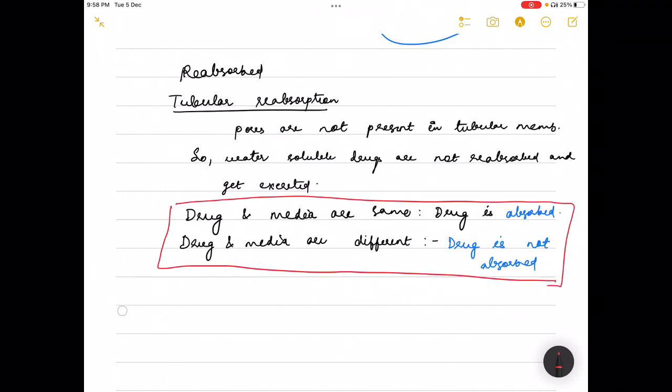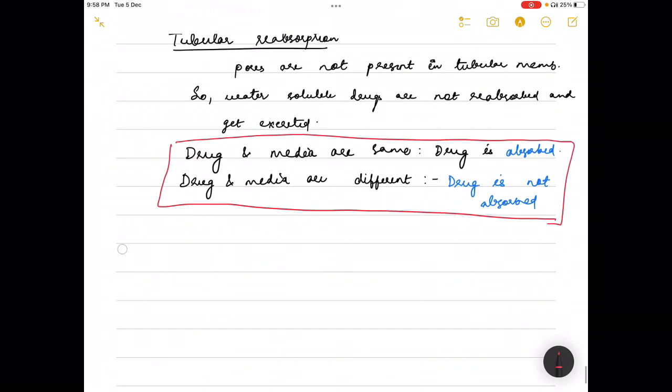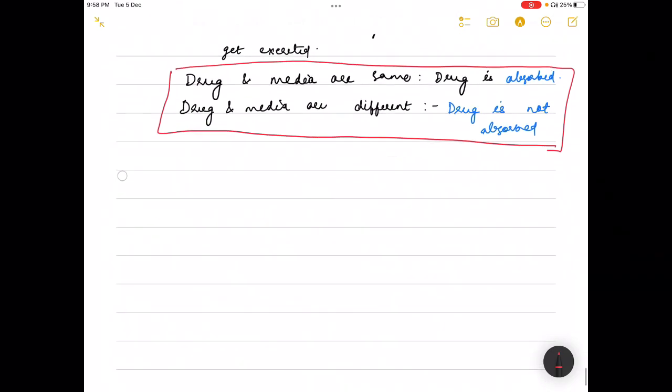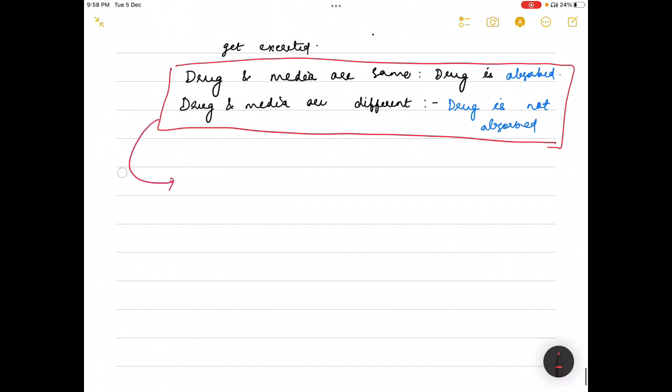So, what is the clinical implication of this? The clinical implication is that in acidic drug poisoning, for example, in case of poisoning with aspirin, aspirin, as we all know, is a salicylic acid.